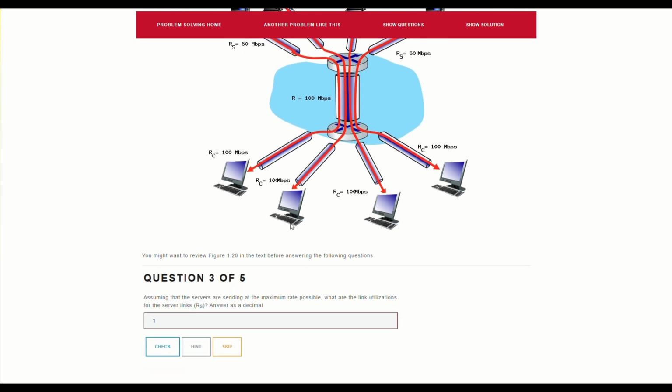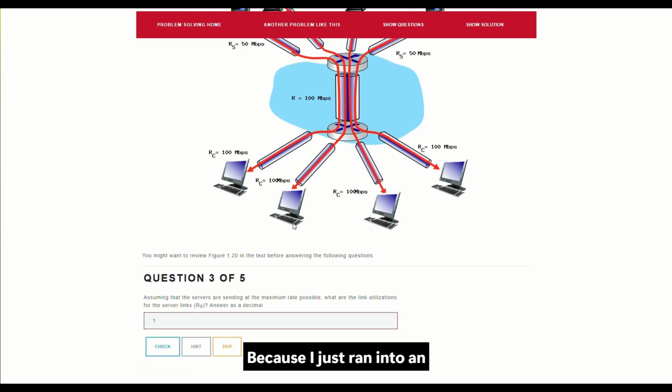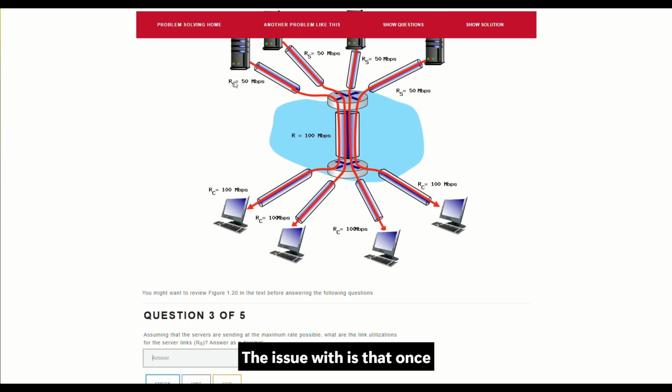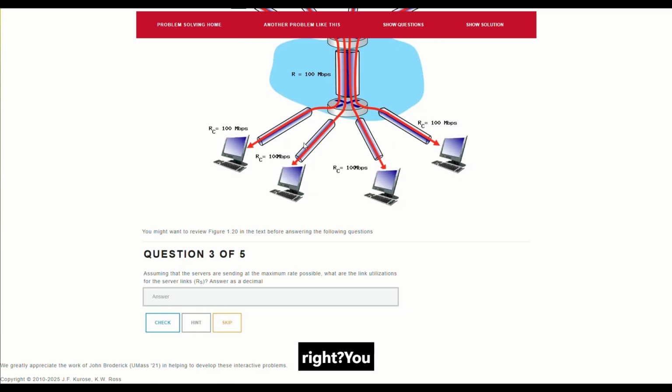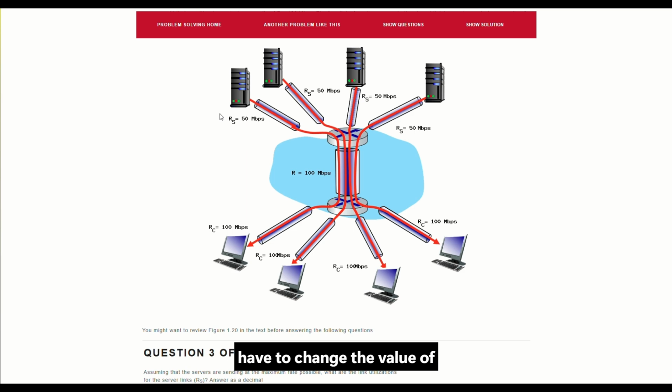So, I just ran into an issue that is quite common, which I think other people also have, which is that once you account that RS is 25, because only 25 can be sent, right? You have to change the value of RS to 25.